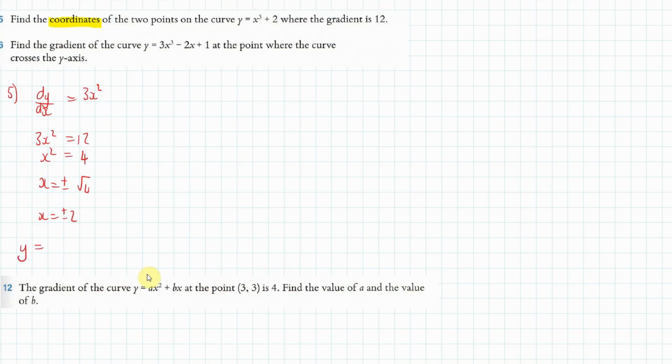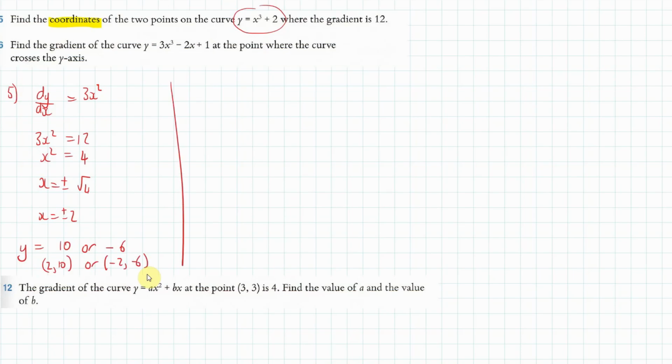Well, we put the x values into here. So y could equal either 2 cubed, which is 8, plus 2 is 10, or minus 2 cubed, which is minus 8, plus 2, which is minus 6. So the coordinates are 2, 10, or negative 2, negative 6.